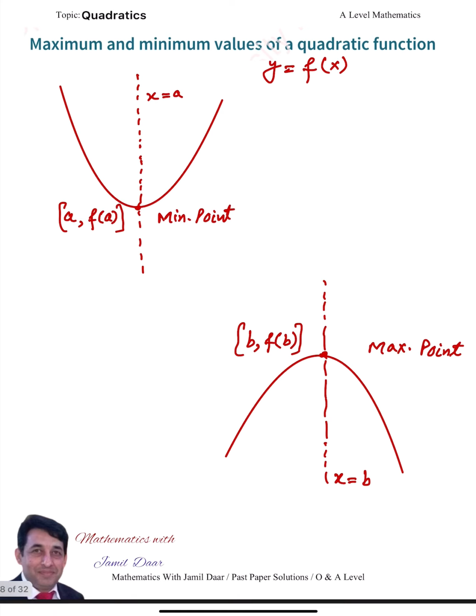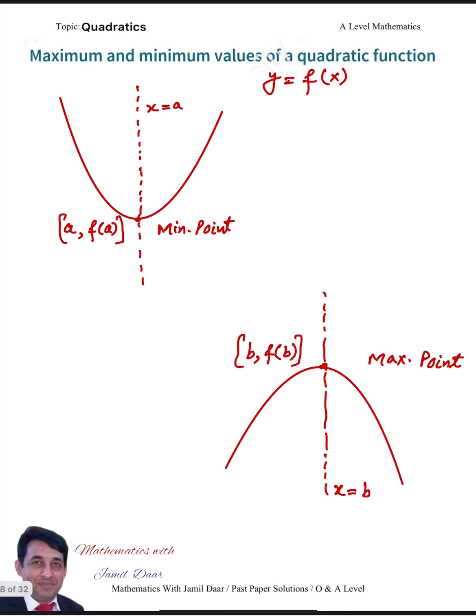So you have to understand the line of symmetry. If you are able to find the line of symmetry, x is equal to something, you have the value of x. Then you substitute this value of x in the function to find the value of y, and that is your turning point.